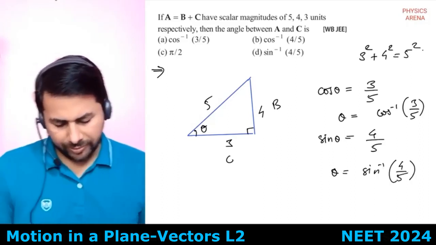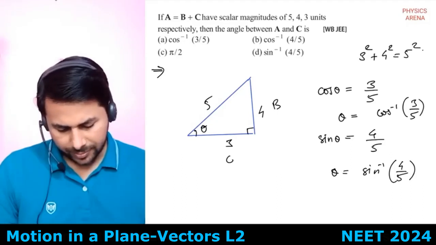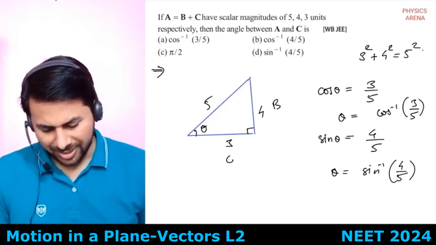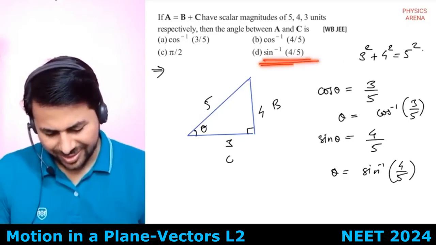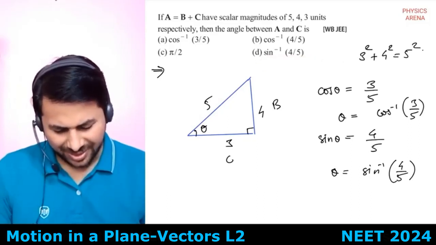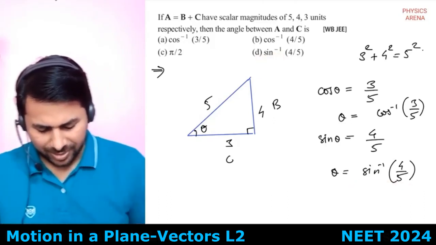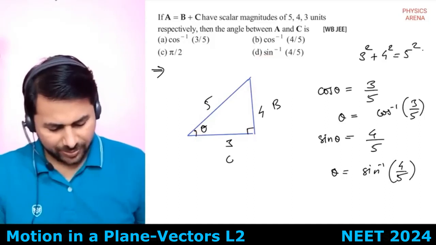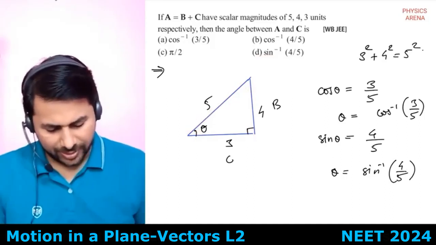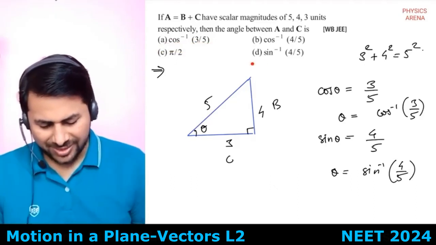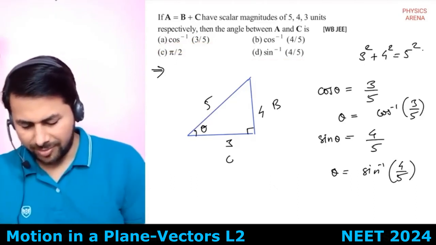So check which answer is there. Sine inverse of 4 by 5 is there. Yeah, but cos inverse of 3 by 5 is also there, right? The opposite side is 4, hypotenuse is 5. So actually two of them are correct.